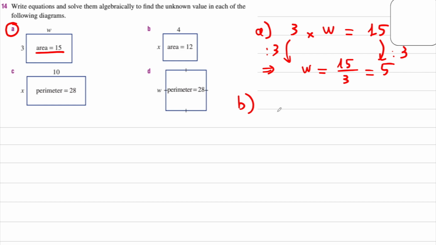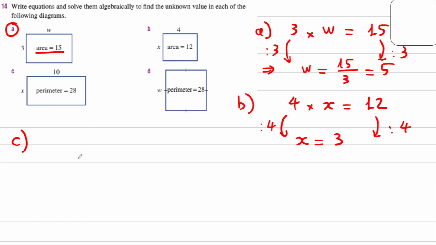About question B, the area now is 12. Okay, 4 multiplied by H equals 12. Divide by 4. Divide by 4 on the left and right. Here is H, and this one will be 3. Question C. The perimeter of this rectangle is 28. Perimeter means you take the sum of the length and width, and then multiply by 2, and the result will be 28.